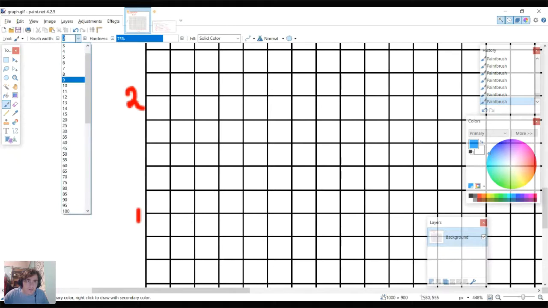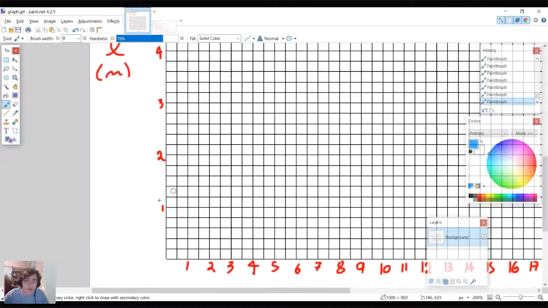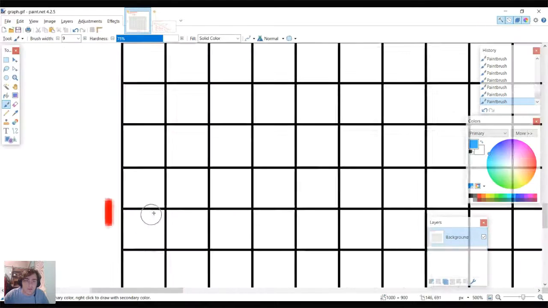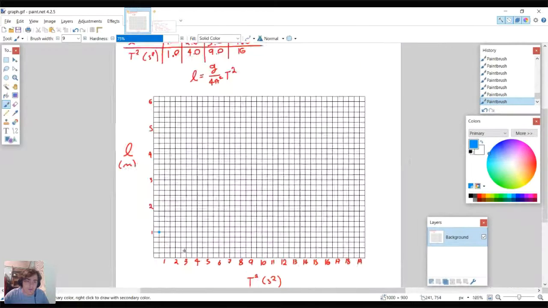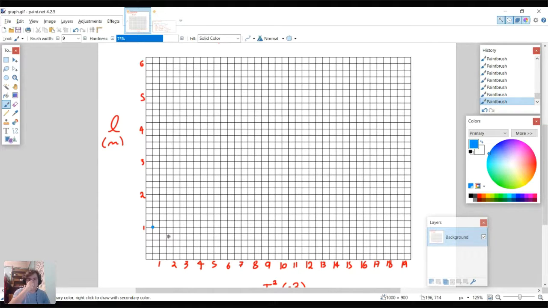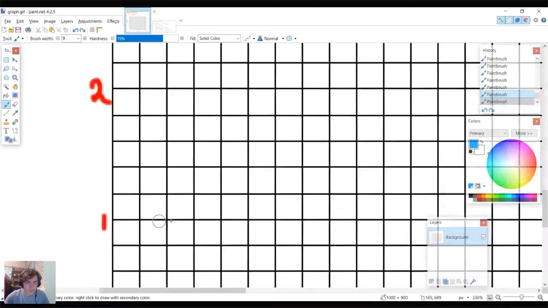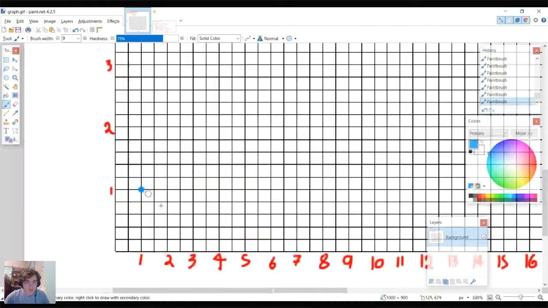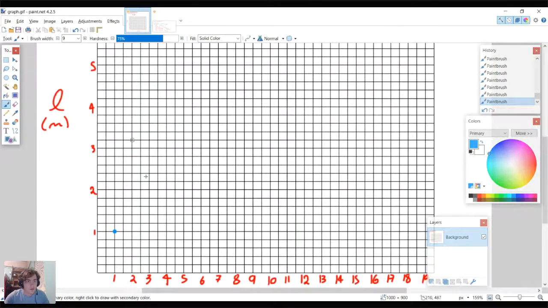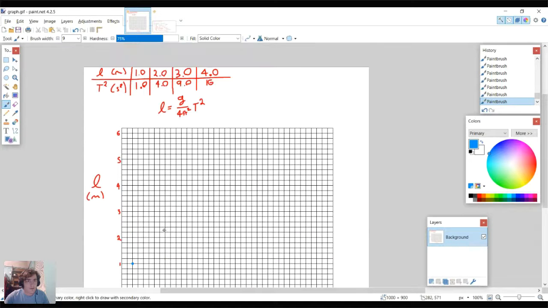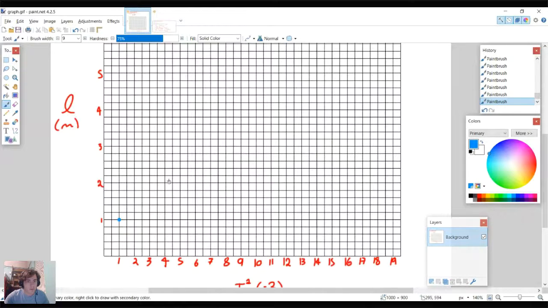So you want to make sure your points are clear, and it's very easy to see which points you're using. And this will actually be a straight line, which is not going to be how your data is. That actually goes there. This will literally be a perfectly straight line just because the data is fabricated. And then 4 goes to 2.